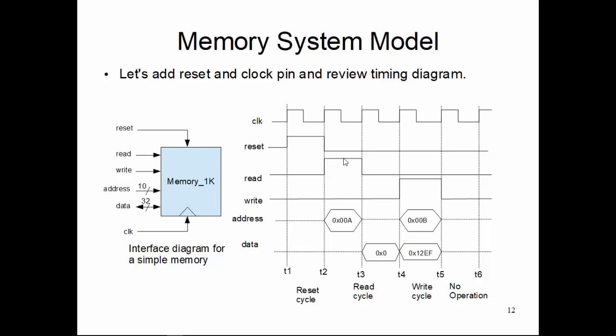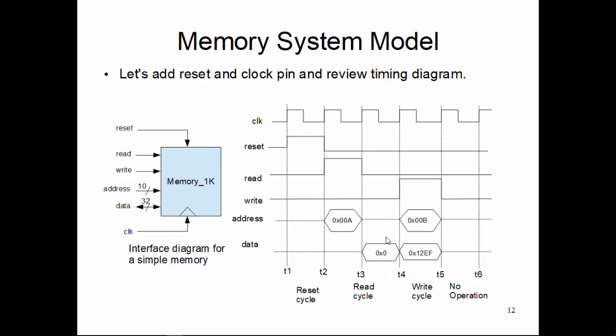When this request is presented, it will definitely produce the result after 1 clock cycle. So your request placed in the T2 to T3 cycle, your result or data will come out from the memory at T3. It will be there, and you can use it for the entire clock cycle.